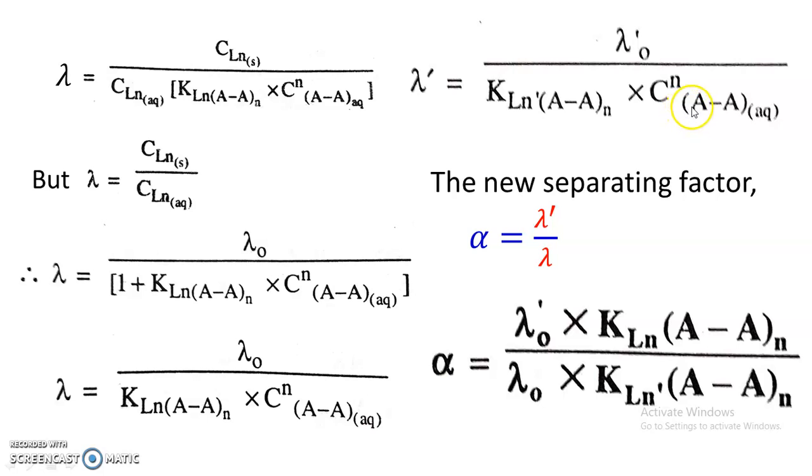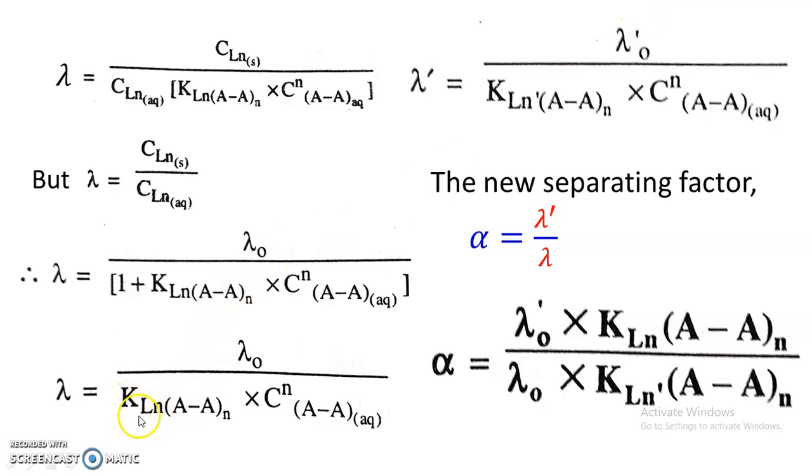The concentration of complexing agent in aqueous raised to n, these two terms are similar because the concentration of complexing agent is the same. These two terms will be cancelled, but lambda 0 dash and lambda 0 will not be cancelled. These are the different terms.